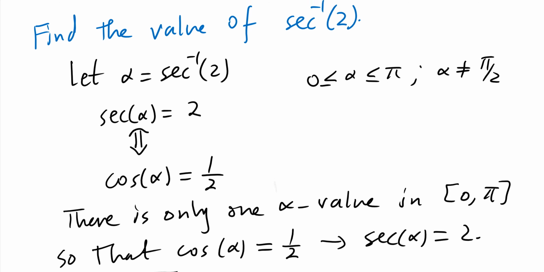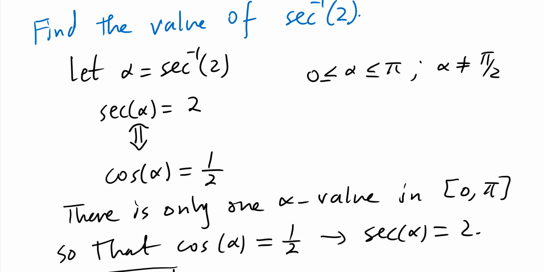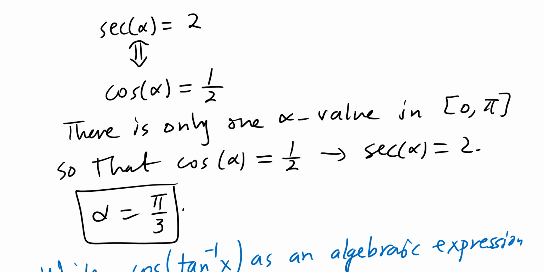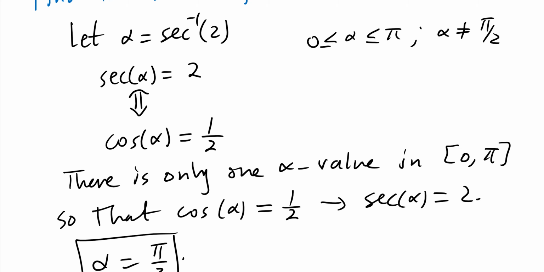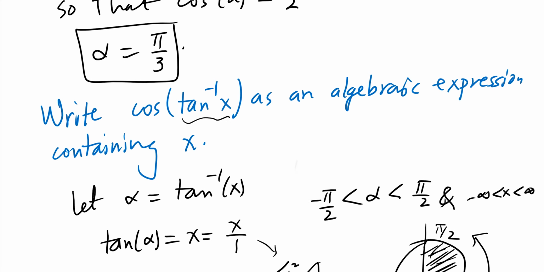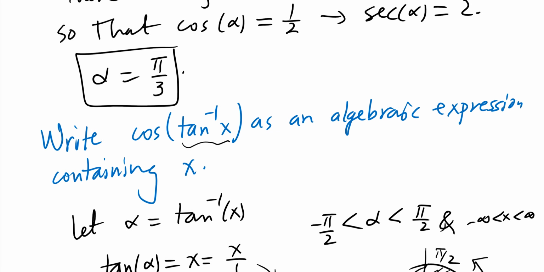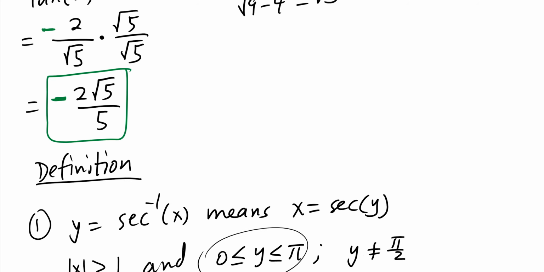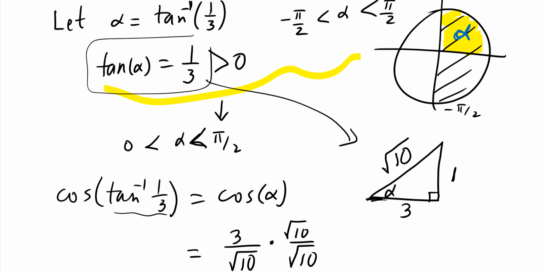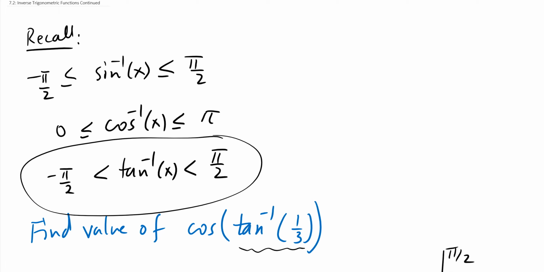Either cosine alpha is 1/2, or sine alpha is 1/2, or square root of 2/2, or square root of 3/2, or something we are familiar with, 1, 0, -1. Then you should be able to find all the alpha values within that interval, in this case 0 to pi, that would satisfy the equation. That's what this section is meant to be, just a continuation of the previous section, with not a lot of new concepts introduced.